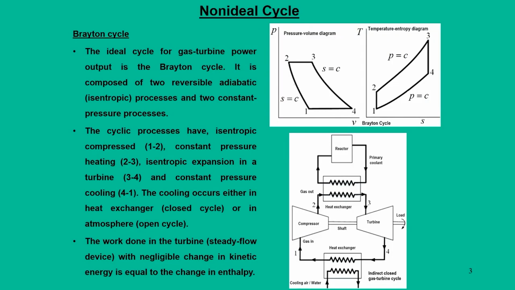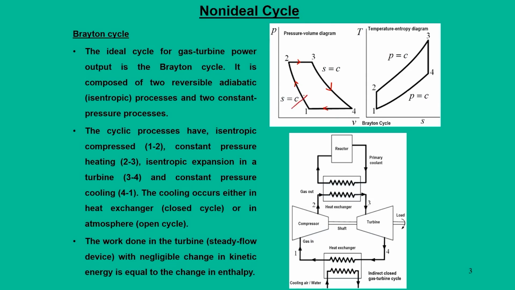So, to start with, the Brayton cycle normally consists of two reversible isentropic processes and two constant pressure processes, as shown in these pressure-volume and temperature-entropy diagrams. In the cyclic processes, process 1-2, the gas is compressed in an isentropic manner, process 2-3 is constant pressure heat addition, process 3-4 is isentropic expansion in the turbine, and process 4-1 is the heat rejection process.